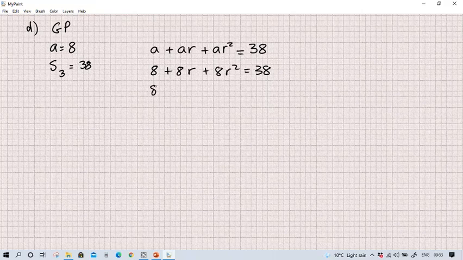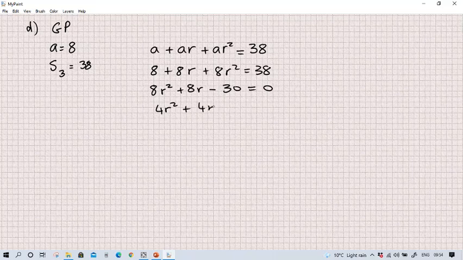So we'll have 8r squared plus 8 times r, and if I bring the 38 over to the left, I'll have 8 minus 38, which gives negative 30, equals 0. I can divide the whole equation across by 2, which gives me 4r squared plus 4r minus 30 equals 0.